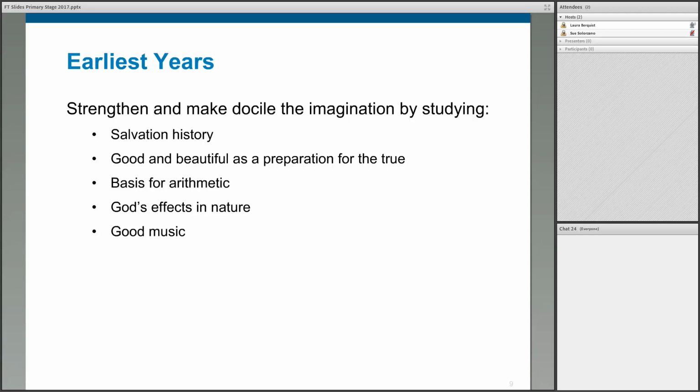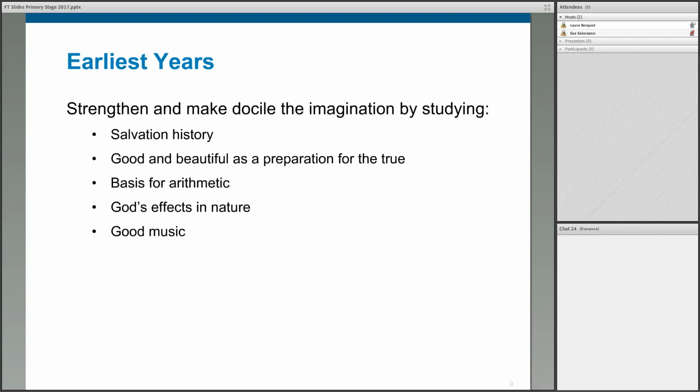You do this with matter that also prepares the mind and heart for those later deep truths. At this young level, the children make their acquaintance with salvation history. And that's something, of course, they will study all their lives. They are also introduced to the good and the beautiful in many areas as a preparation for the true as such later on.